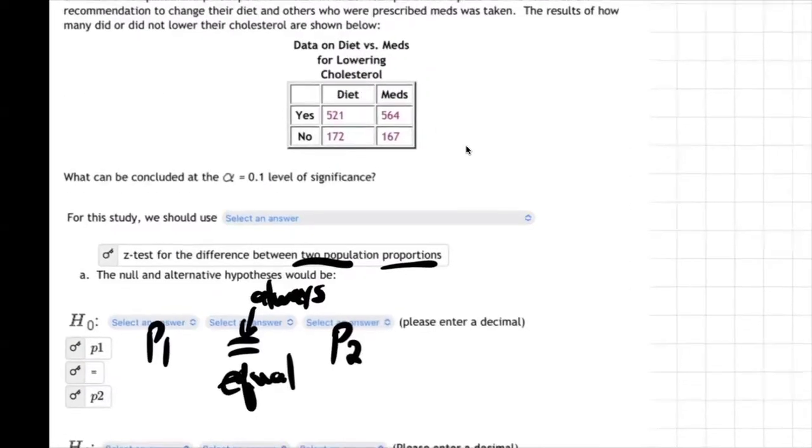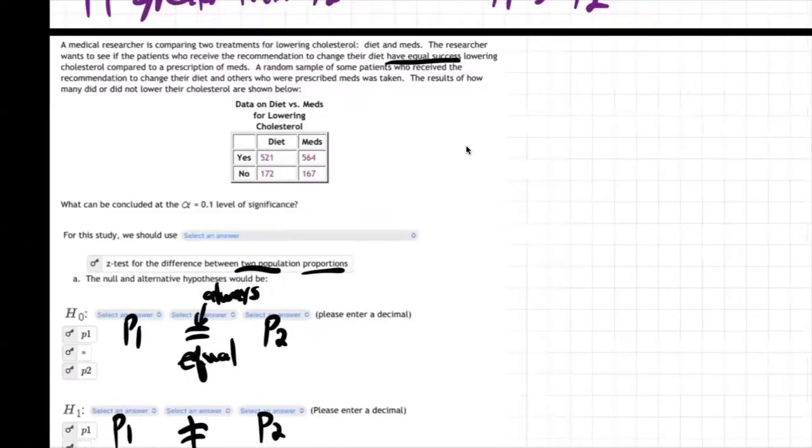Which calculator? We already said two proportions. Let me show it to you. I'll show it in a minute, but basically, let me just write out what we're going to see.